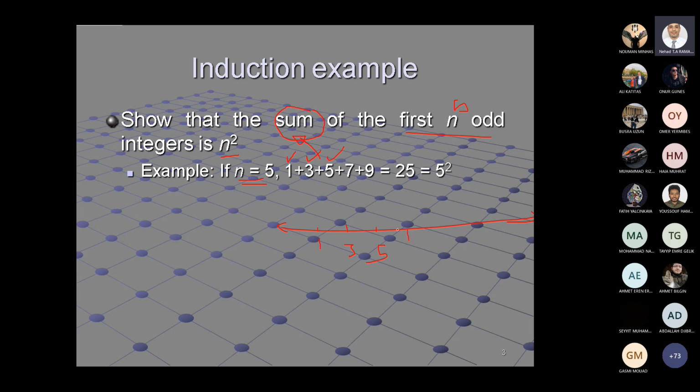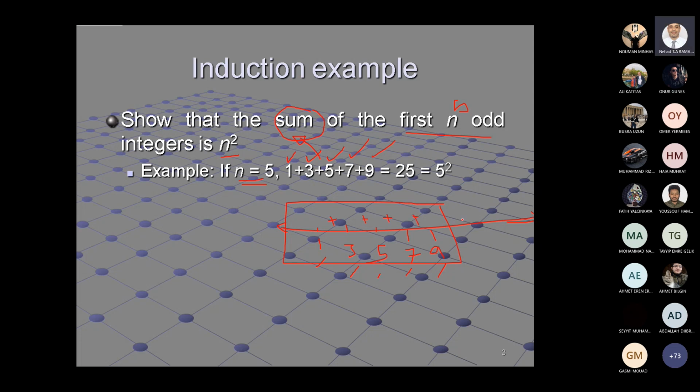Next one is 7. Next one is 9. How many? 1, 2, 3, 4, 5. So these are the first 5 odd integers. Now we need the summation of them.